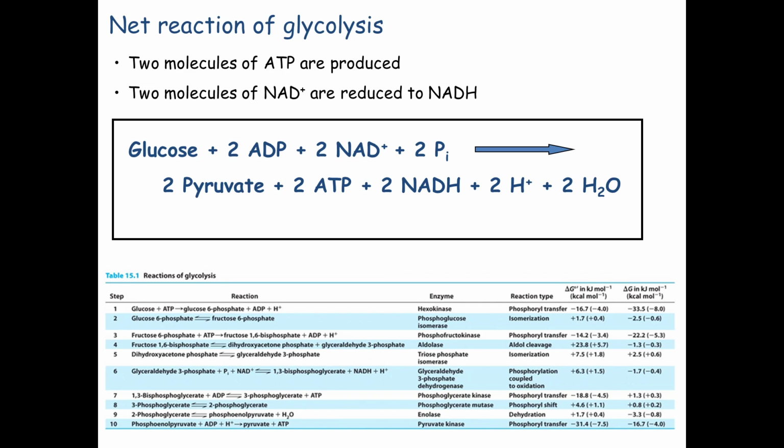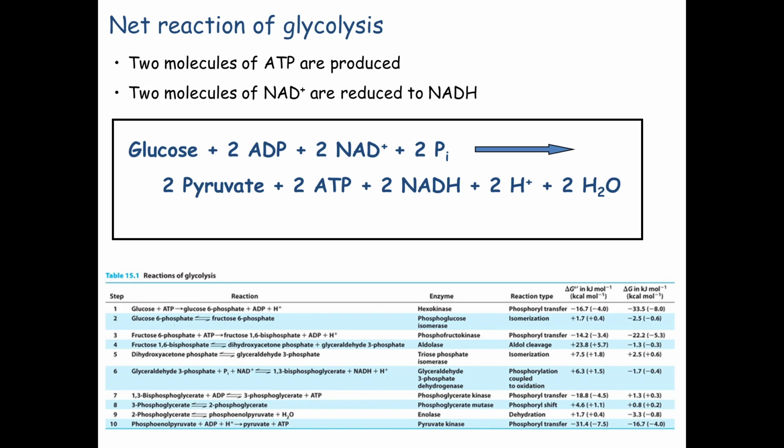And it'll only go in the direction in which it's large and negative. Right? That's why step 10 is only going to go in the forward direction because it's negative 16.7. But it's not going to go in the reverse direction. Whereas, let's say step 8, it's positive 0.8. So it can go either way rather easily. It doesn't really prefer one way or the other, not that much because it's a very small number.